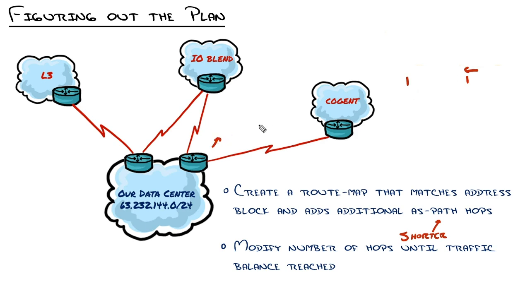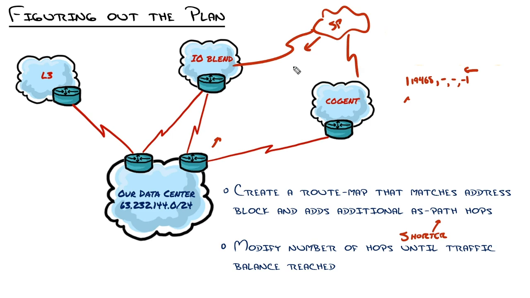So when it leaves my system, it has the 1, and that 1 is the 19468, and every autonomous system it passes through will add itself to that list. So when it gets to, let's just say Sprint is over here, it has a connection through Cogent, it has a connection through IO Blend. It might look and go, okay, I can go this way and I'd have 2 autonomous system numbers, or I could go this way and I'd have 2 autonomous system numbers.